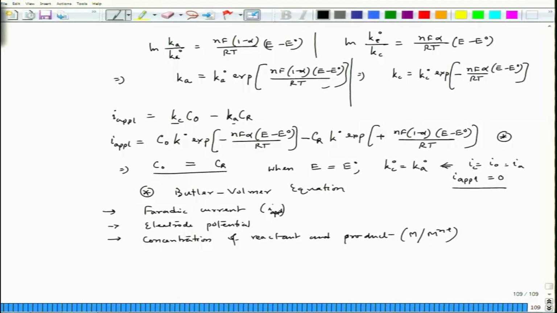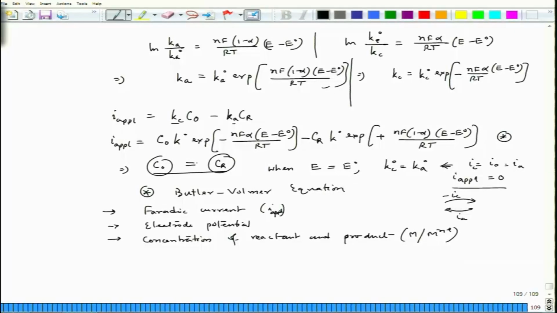So, when we have two current densities, this is I C, this is I A, they are of the same magnitude but flowing opposite, then there will be no net current flow in the circuit. So, in that situation, the concentration of this reactant as well as product, or concentration of oxidant and reductant, both are the same, and that time we have gotten this particular relation.